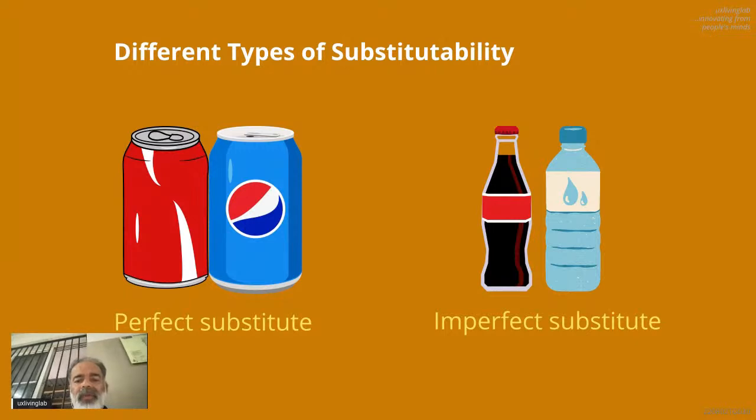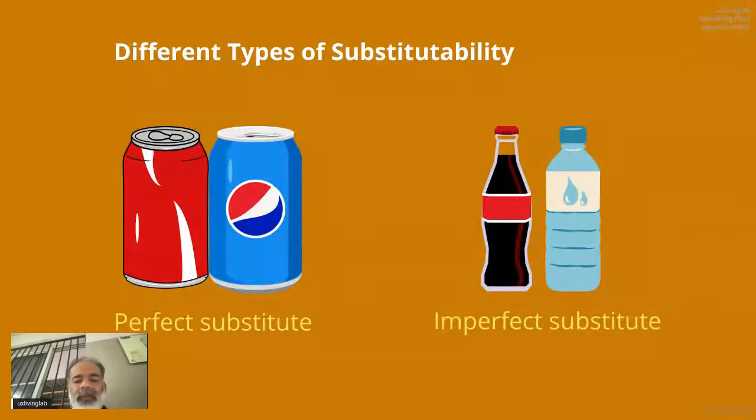In an imperfect substitute, products can be replaced or substituted with each other, but there is a probability that there are those who will stick to one product regardless of other factors.